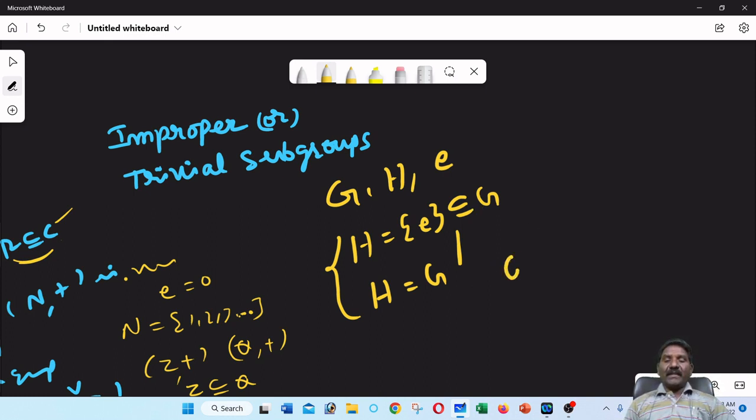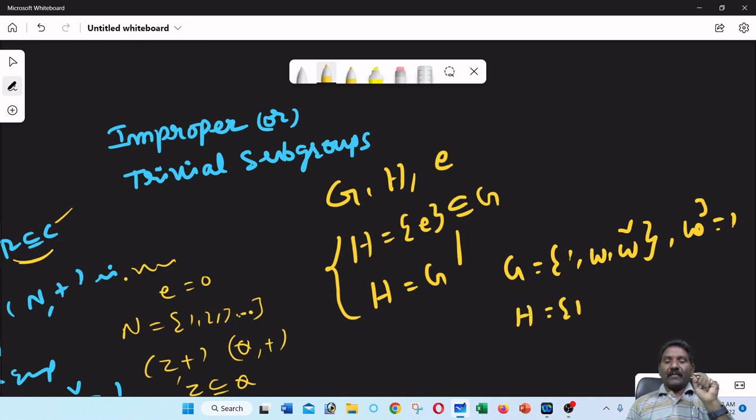Consider a set G = {1, omega, omega square}, the cube roots of unity, where omega cube is 1. It is a finite abelian group with respect to multiplication. The subsets of G are H = {1} and H = {1, omega, omega square}.